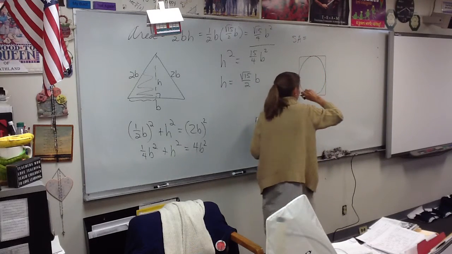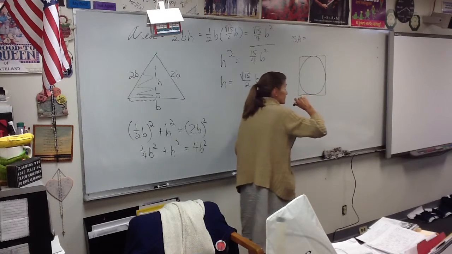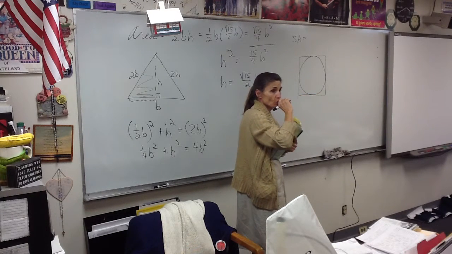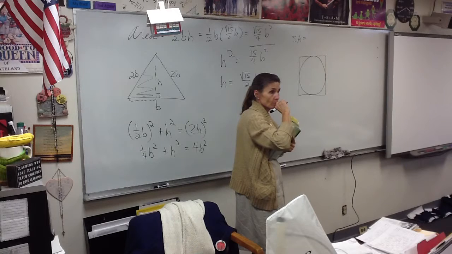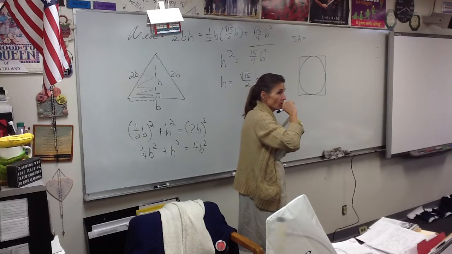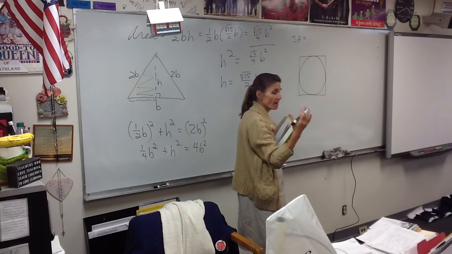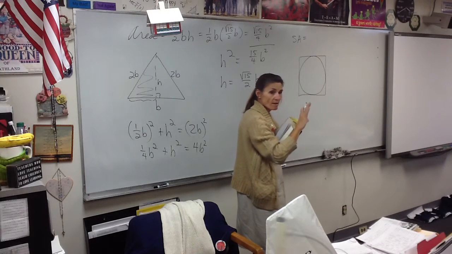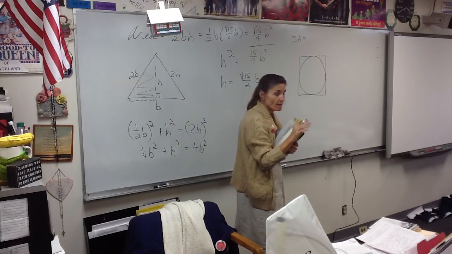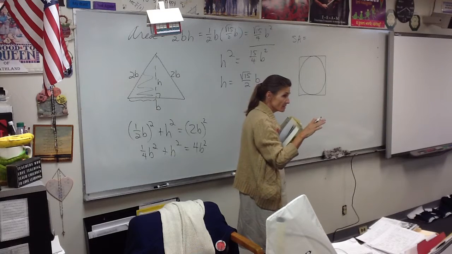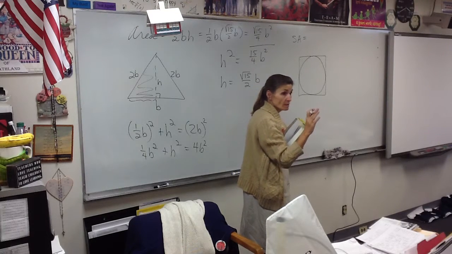All right, let's just stop right here. What's the formula for the surface area of a cube? How many faces does a cube have? 6. Each one of them is a square, and the area of the square is, well, side squared.